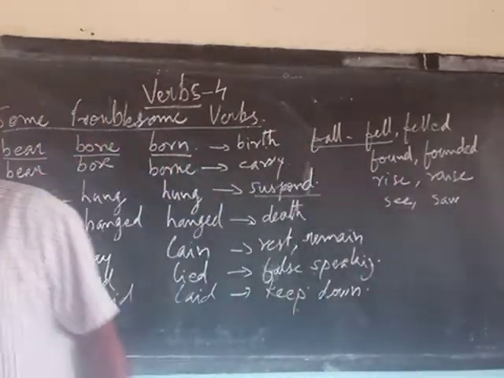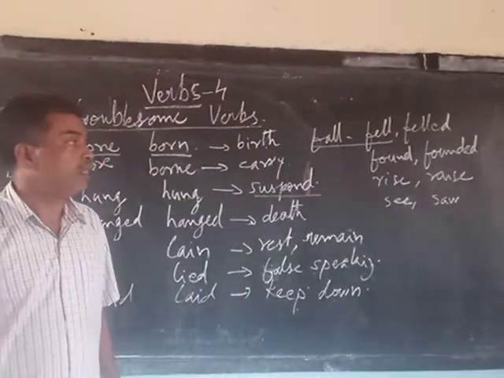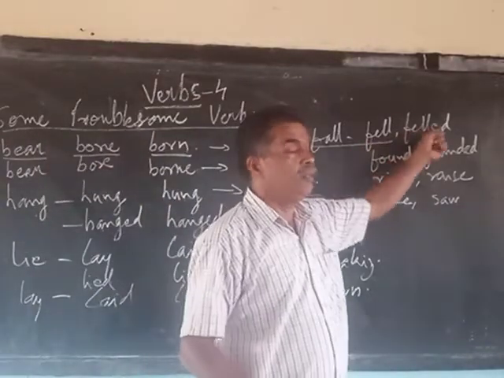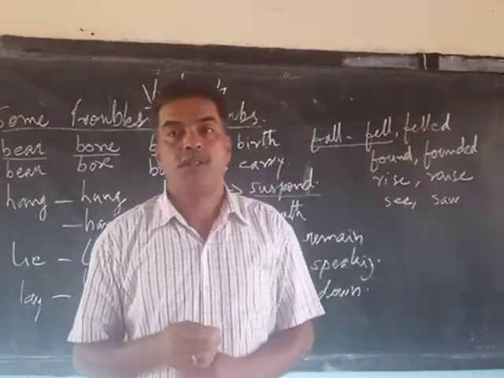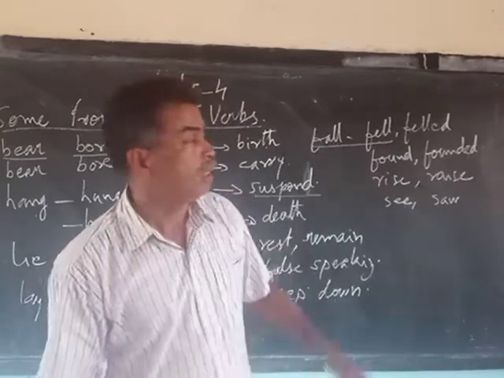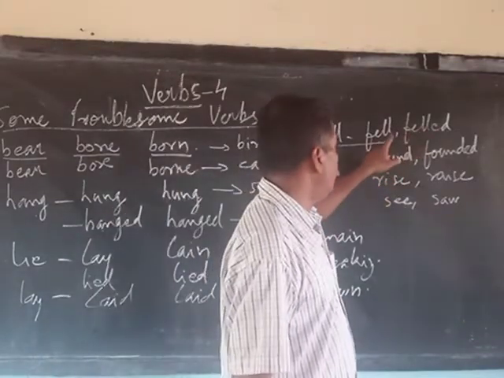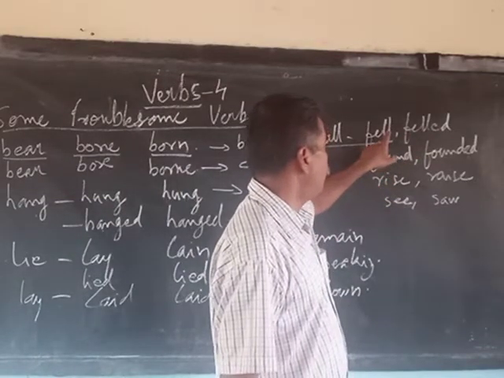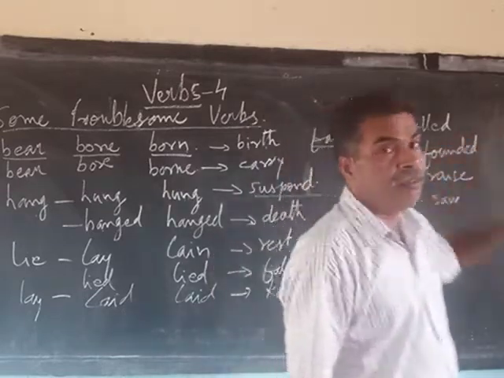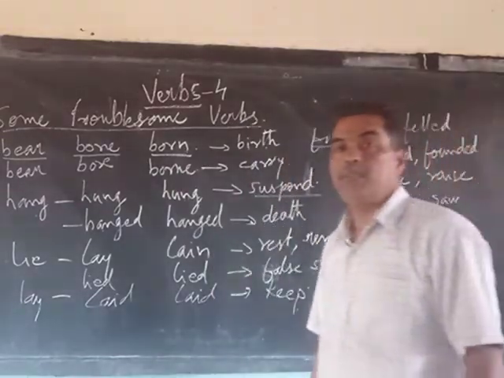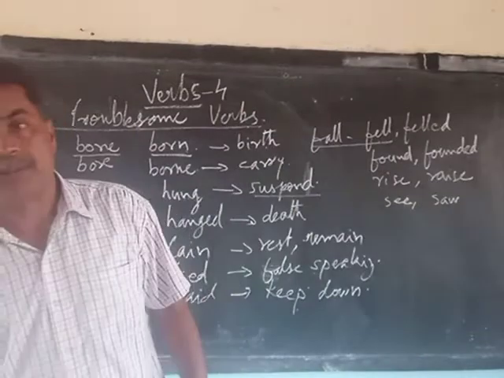Making something forcefully fall, like cutting a tree. The workers felled many trees. Forcefully cutting. So the present form, or V1 form, is fell, and V2 form is felled, and V3 form is also felled.